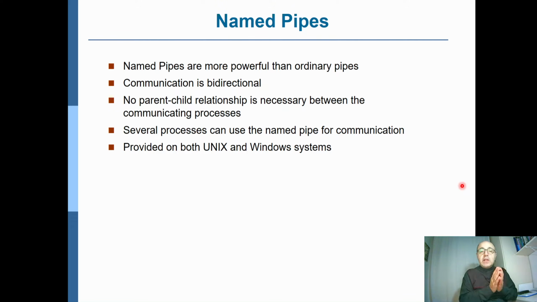A process creates a pipe with a specific name. As long as the other process knows the place and name of the pipe, and also has read-write permissions to that pipe, it can access the same pipe.